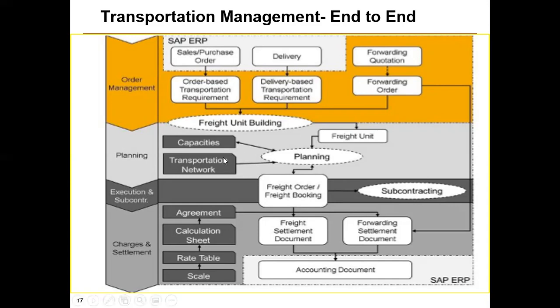Now, third is the transportation network. Basically, the transportation network is a technical as well as physical network connected to this planning object, which is unidirectional, because they are the vendors, the service providers.